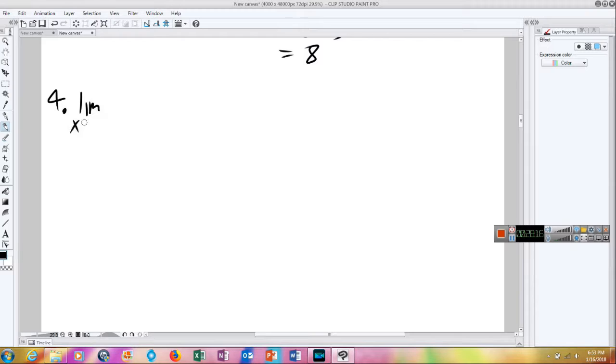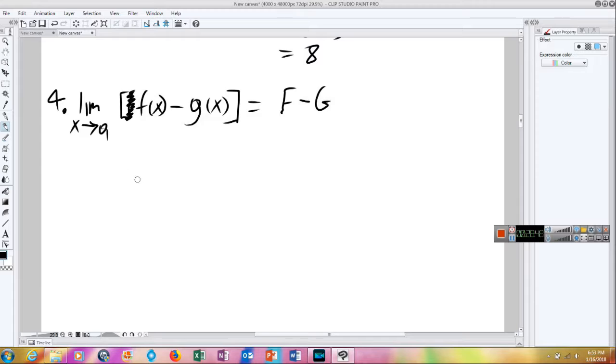Let's prove them wrong. So the limit as x tends to a of f of x minus g of x. This time we say, you guessed it, f minus g. So you know, if g was here and f was here, we'd say g minus f. And as usual, we're going to go to the good old example.